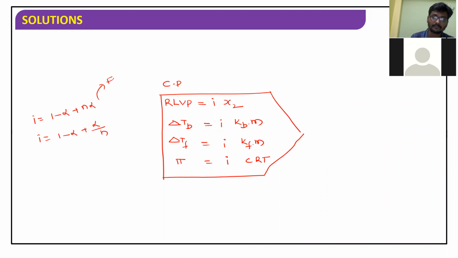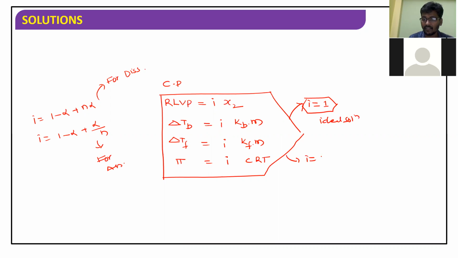This is for dissociation. This is for association. If i is equal to 1, that solution is an ideal solution. If i is not equal to 1, that solution is a non-ideal solution. Sir, in non-ideal solutions, may the i value be positive or negative?